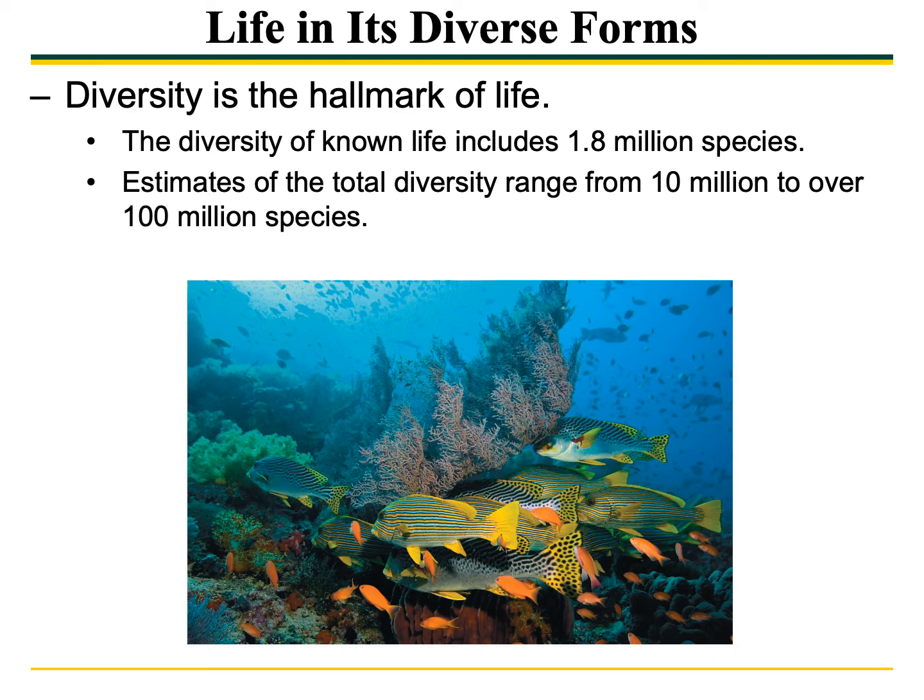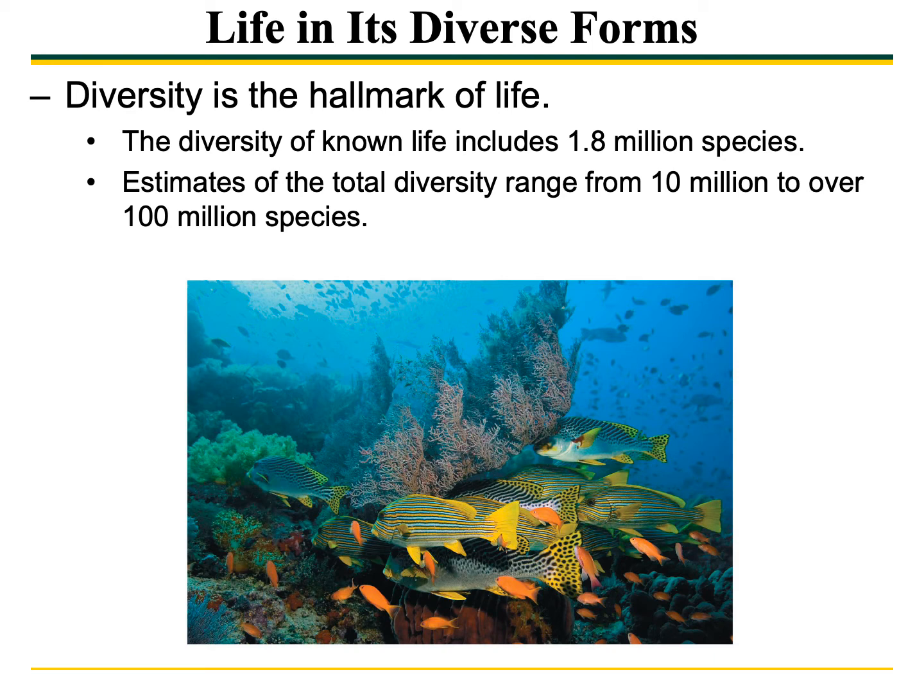When we talk about diversity, what we mean is all of the different types of organisms that we know or predict to live on Earth. Diversity is typically known to include about 1.8 million species. However, this might be a little outdated, and the number is somewhere around 2 million distinct species that have been identified.